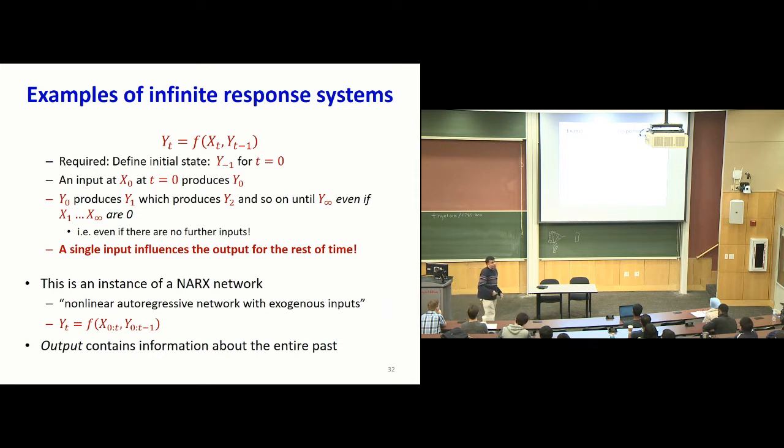And so this is going to have recurrence. You're going to keep going backwards and backwards until you refer to all of time, right? So a single input influences the output for the rest of time. Now, this particular form of recurrence, where the output comes back into the network, is what we will call a NARX network.